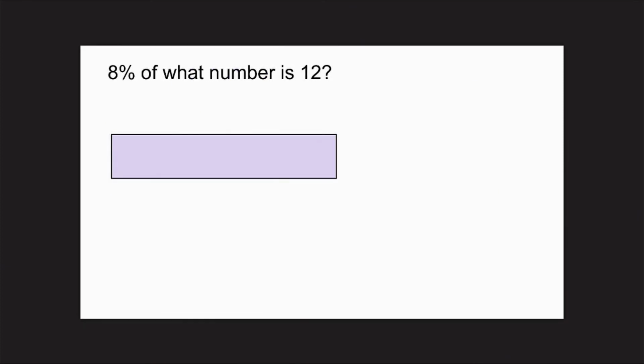Now the last type of problem that we're going to be looking at says, 8% of what number is 12? Just like always, start your tape diagram so we know what we're talking about here. We have 100%. I already see that I have 8%, so I'm going to put 8% here.